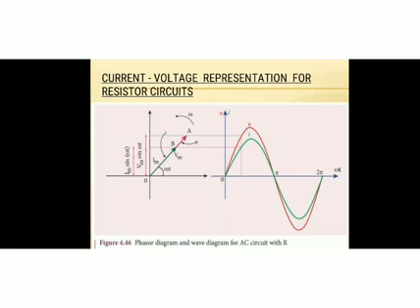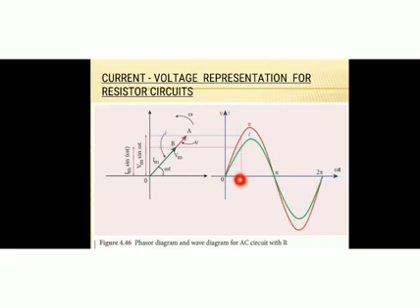See, this represents the phasor. Here, this is the VI graph for a purely resistive AC circuit, and according to this VI graph, this green graph represents the graph of current and the red graph represents the graph of voltage.